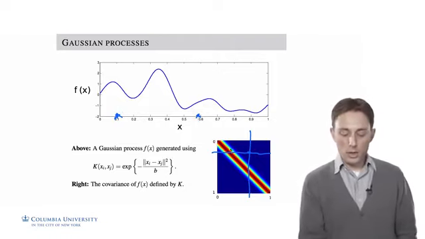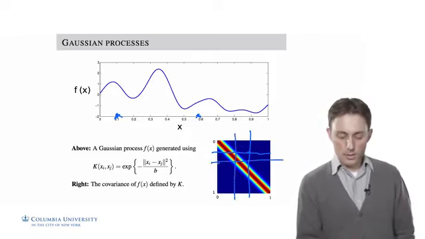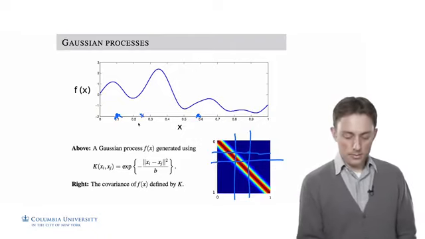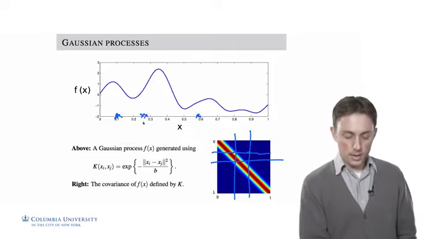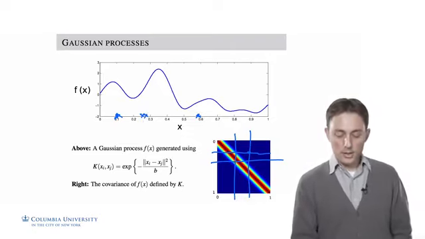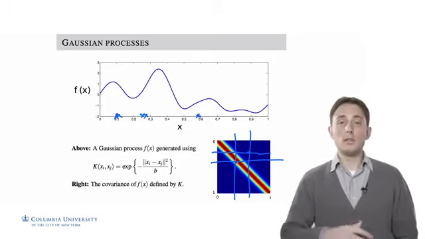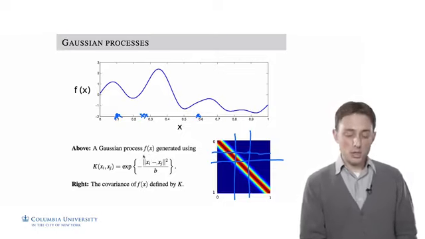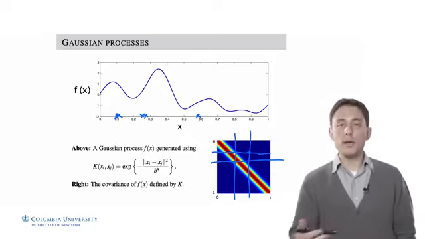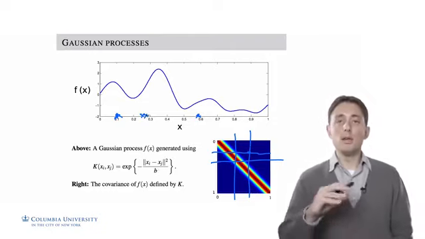However, if I get closer and closer, if I pick, say, 2 other points, for example, this point here and this point here, say these 2 points, then suddenly my covariance between those 2 points is large. It's closer to 1 because the distance squared is small compared to how I define B. So these 2 points, according to my Gaussian process, should be very correlated.